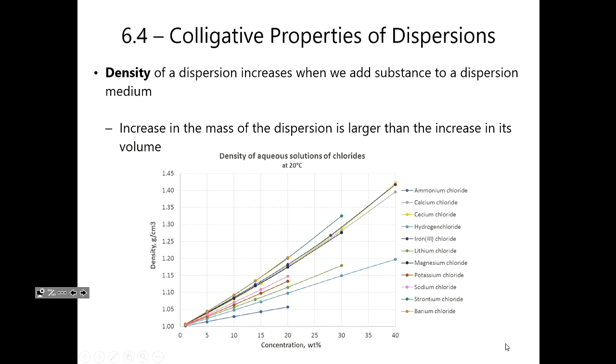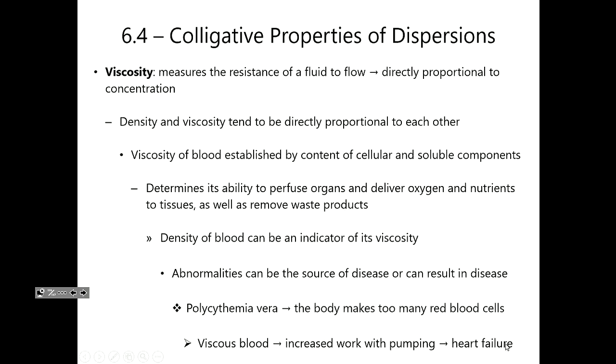Here you have a good number of examples of substances. These are all ionic compounds, but this is also true for biochemicals, typically proteins and large colloidal-sized particles. The more of them you have in water, the greater the density of that particular dispersion. So again, this is just to illustrate these processes. The increase in mass is larger than the increase in volume.